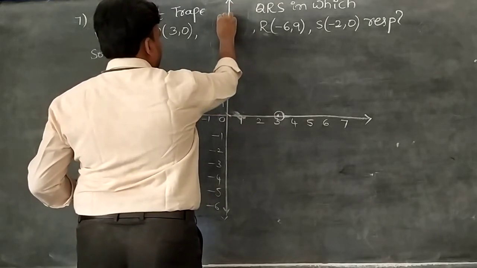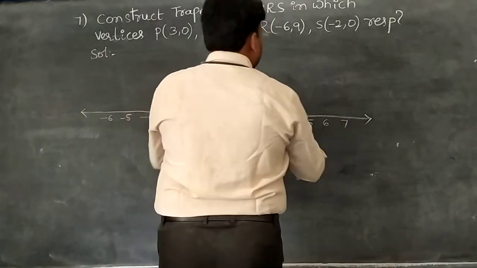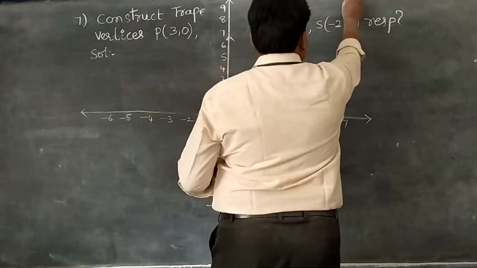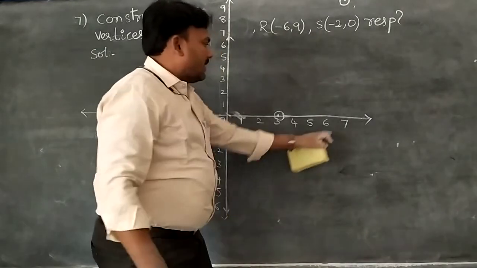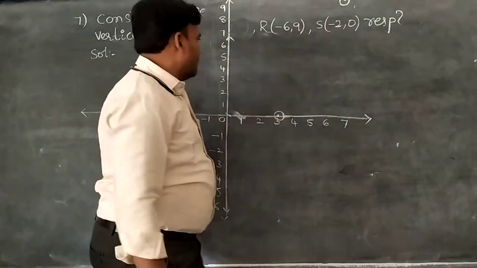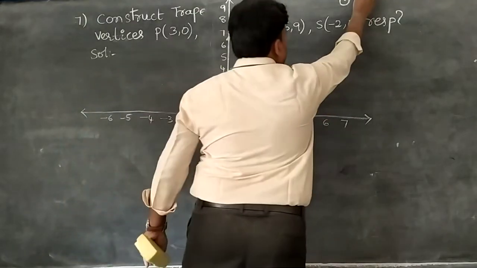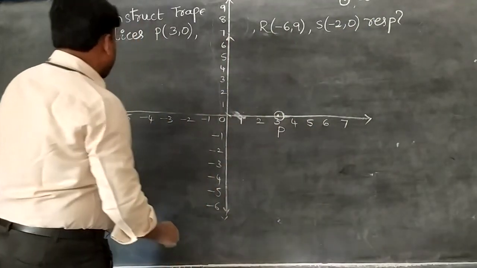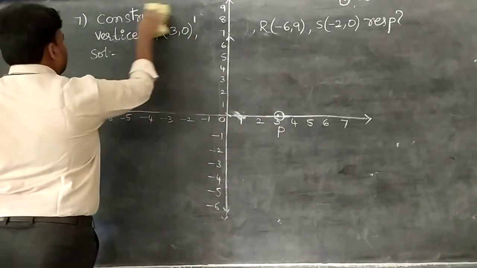This is P. Next, this is Q. Next, R is (-6, 9): x value -6, and again y value 9.